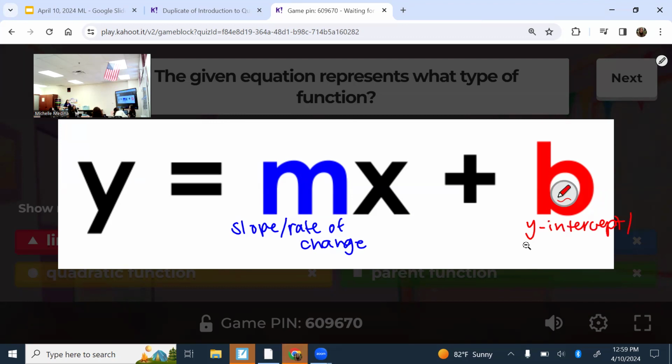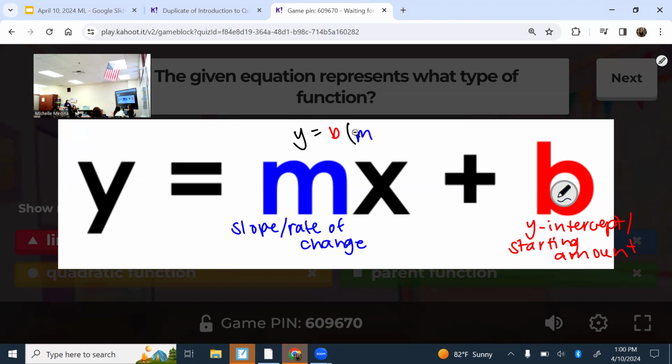Like in a real world problem, it's our starting amount. So if you compare this to how they represented it in that last slide, they also used letters, but they did it like this: y equals b times m to the x power.